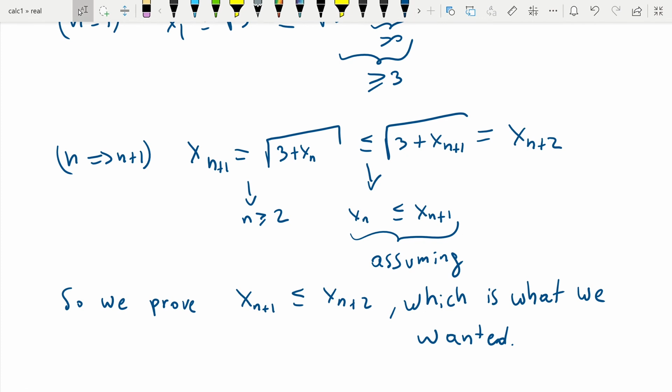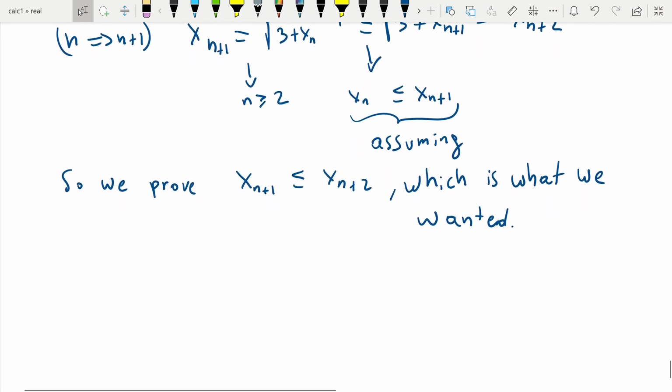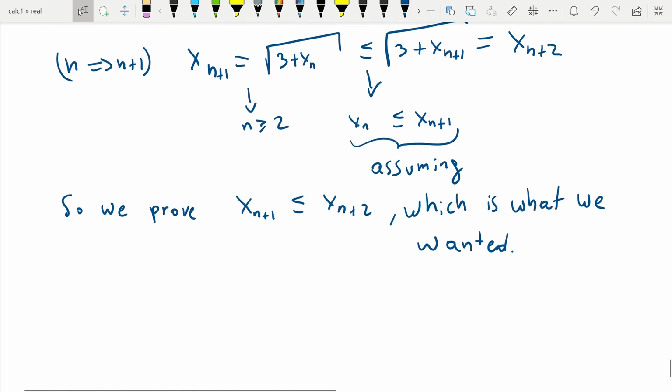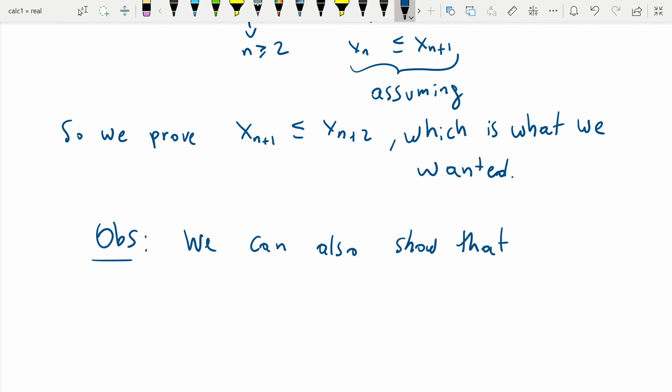Okay, there are many things that I wanted to mention about this example. So one thing is that we've shown that this is an increasing sequence. This is kind of a side note, an observation. We can also show that xn is bounded from above.